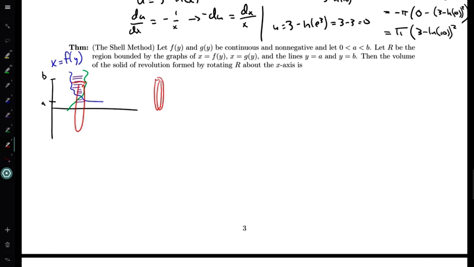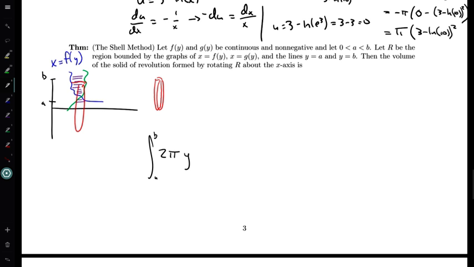Cool. All right, so we want to again talk about the surface area of this cylinder, and that's the thing that we want to integrate from y equals a to y equals b. Well, we know that the circumference of this cylinder is given by 2 pi times, this time, the y-coordinate.